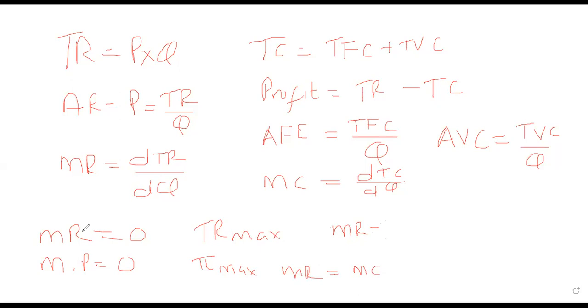So marginal revenue, when it's equated to 0, we are maximizing the total revenue. Marginal profit, when it's equal to 0, we are maximizing profit. Or the marginal revenue is equal to marginal cost, we are also maximizing profit. When marginal cost is 0, we are minimizing what? We're minimizing costs.